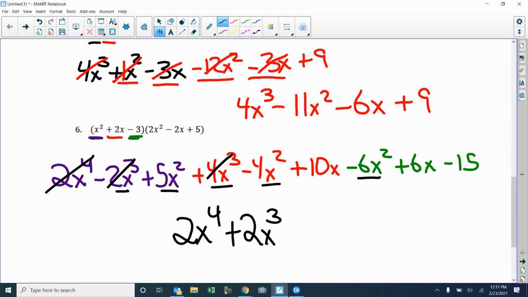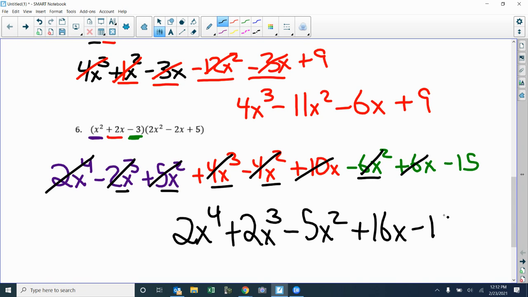So minus 4 minus 6 gives me minus 10, but plus 5 would give me minus 5x squared. Here's a 10, and there's a 6, both positives, plus 16x, and that's the only constant, which would be negative 15.